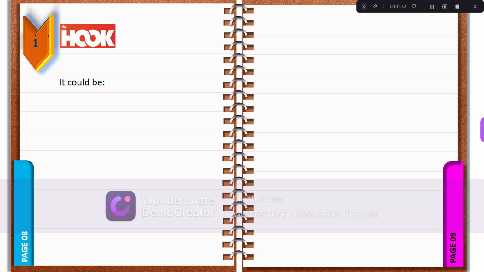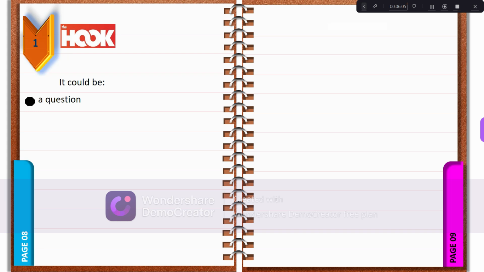What are the types of hooks? First, a question. You can start your piece of writing by writing a question. And here, I need to notify you that most hooks should be general, not specific, not talking about a specific subject or certain issue in your piece of writing.